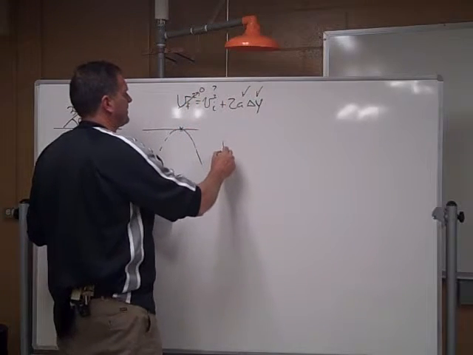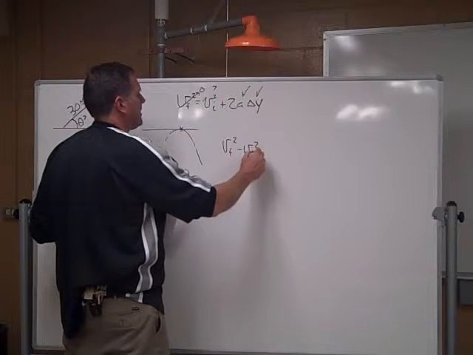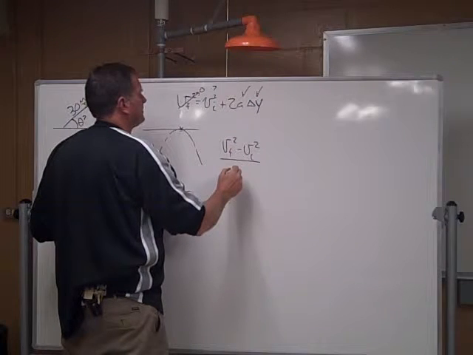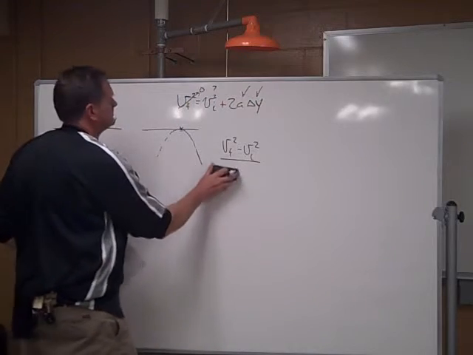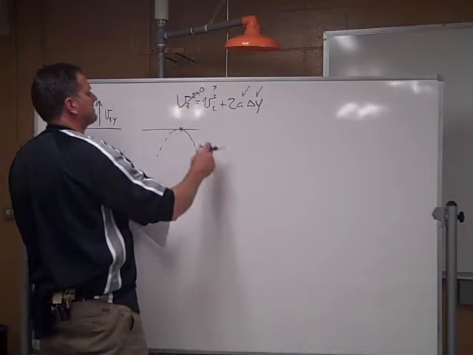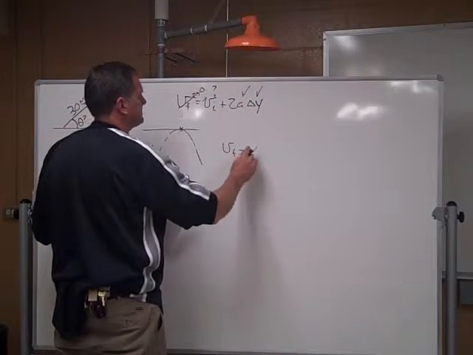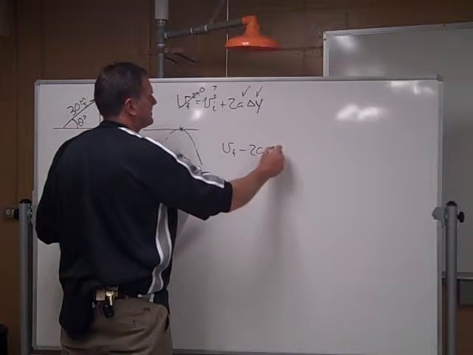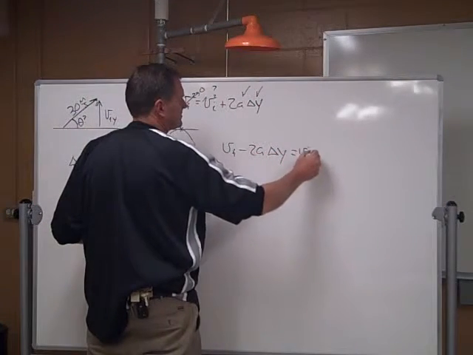Let's rearrange this formula. We don't know the velocity initial, so we have velocity final squared minus 2a delta y is equal to velocity initial squared.